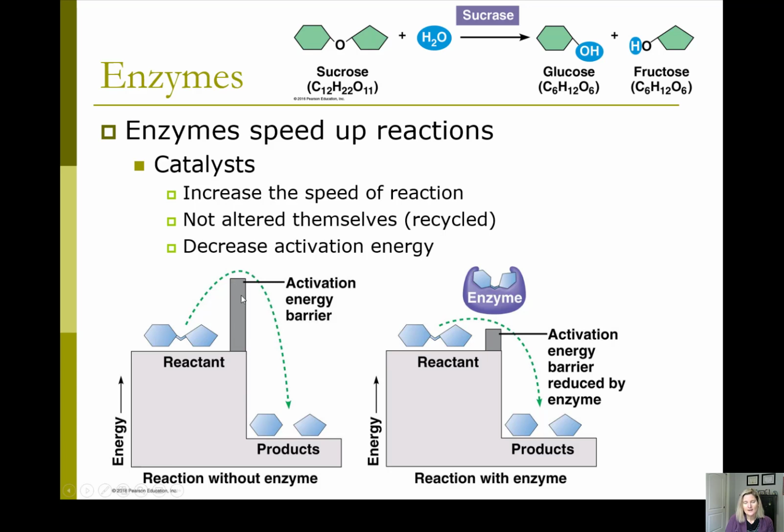But there's this activation energy barrier in place. You would normally think this reaction should just take place because there's more energy on this side of the equation than that side. But there's a barrier that we have to get over first. So we do require a little bit of energy to cause this reaction to take place.